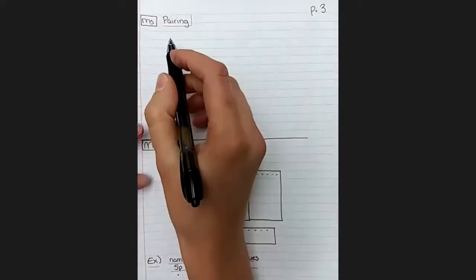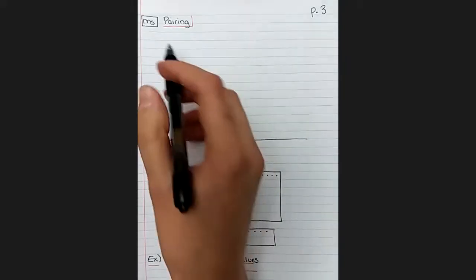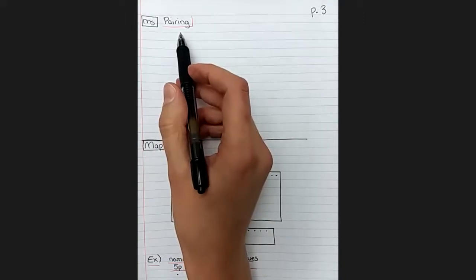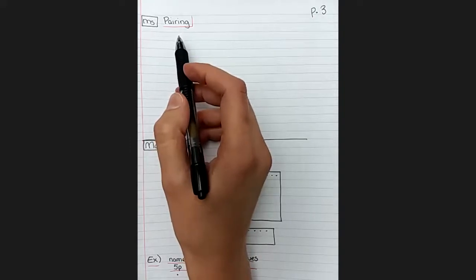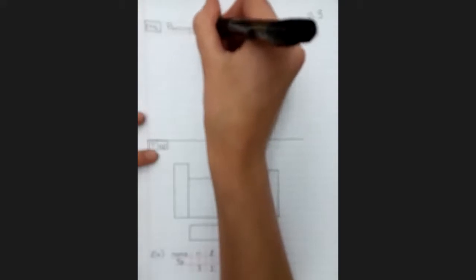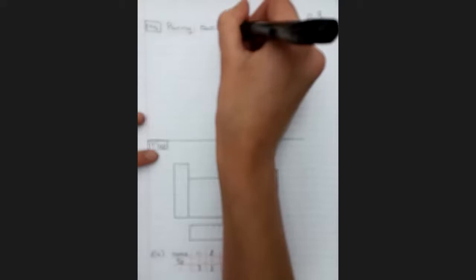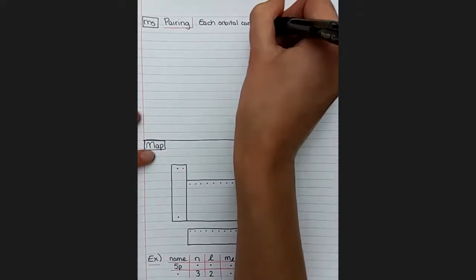Okay, so the m sub s value is different from all of the other values. The first three values gave specific information to tell us which orbital an electron lived in, and this quantum number is going to tell us which electron in that orbital we are trying to talk about. As we said, each orbital can hold up to 2 electrons.